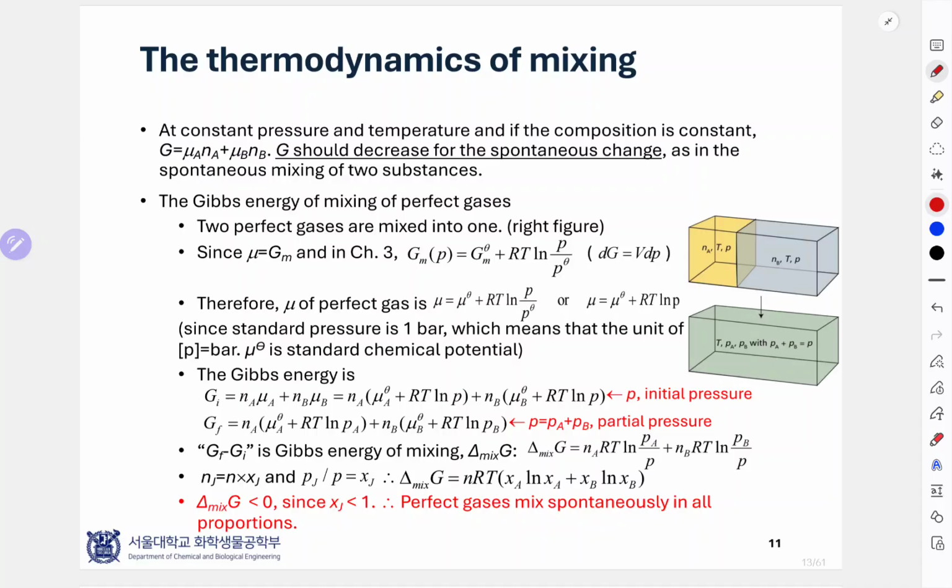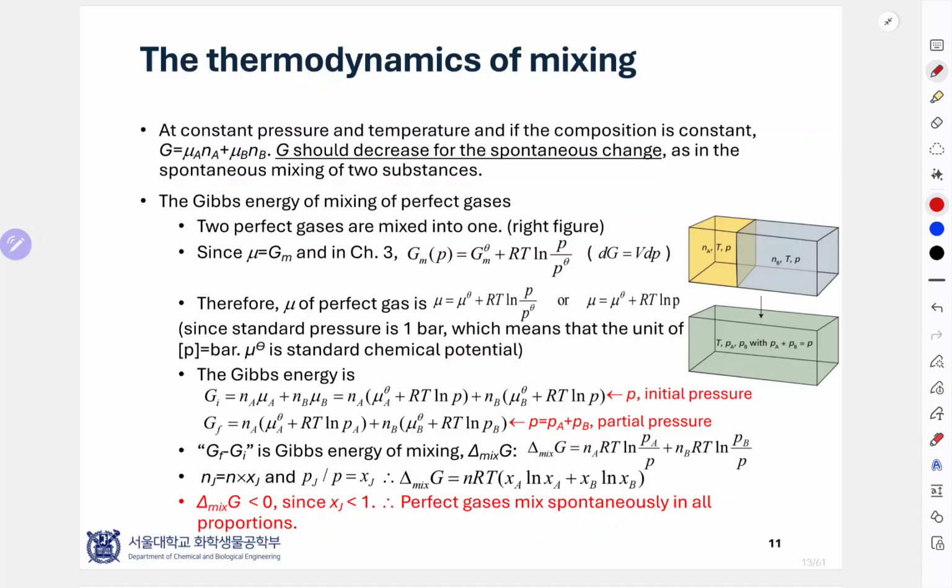So let's talk about the Gibbs energy change for this process, from the fundamental equation of chemical thermodynamics, dG equals V dp minus S dT. And here, this process is happening at constant temperature. So this means that we can remove this S dT term. So the Gibbs energy depends on the pressure.